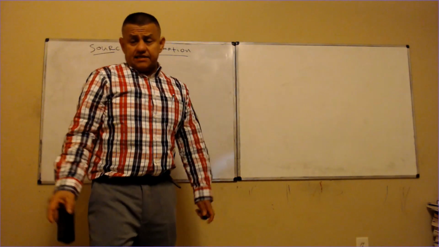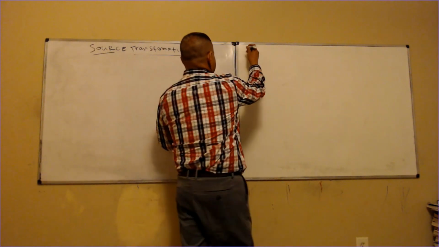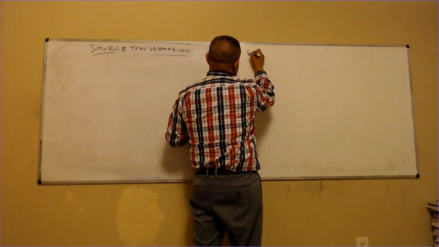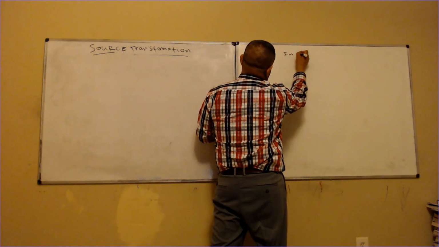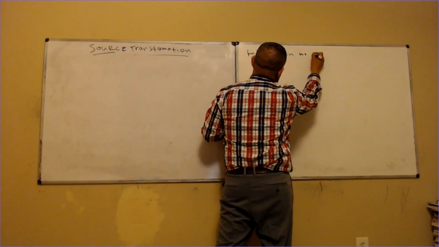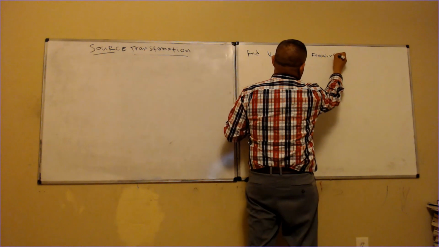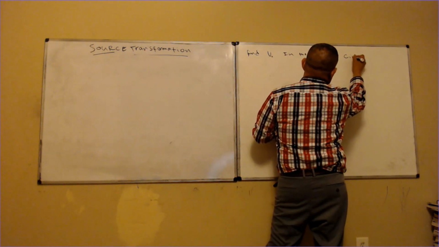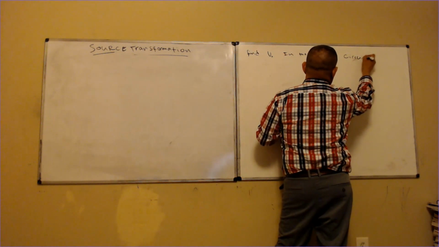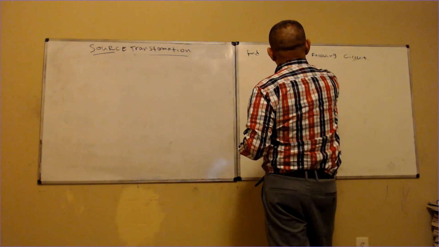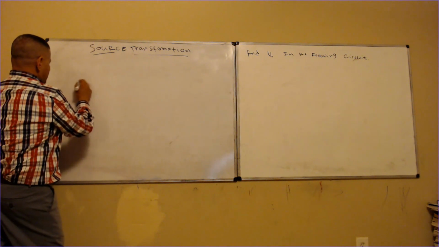So the problem states, find Vo in the following circuit. Find Vo. So this is how it looked.